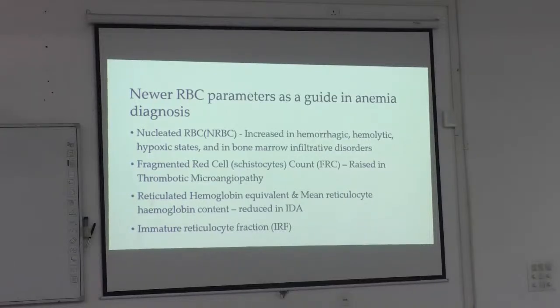If it is pushed too frequently, too early, nucleated RBC would come in the blood. That's the only thing. And this is immature reticulocyte fraction. This is another important investigation upcoming in the modern days. When the platelet production is very much accentuated, this IRF fraction would be more, immature reticulocyte fraction, because of the same reason.